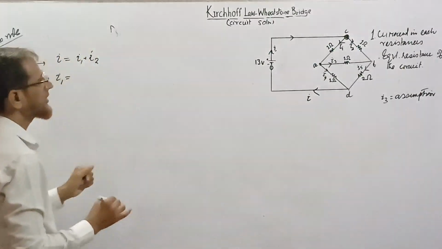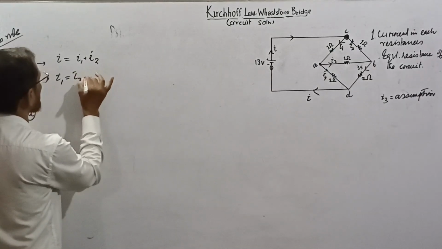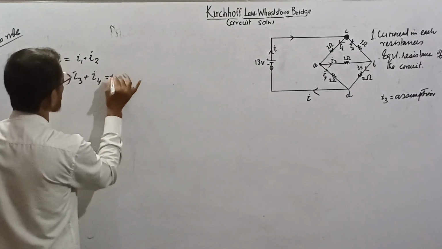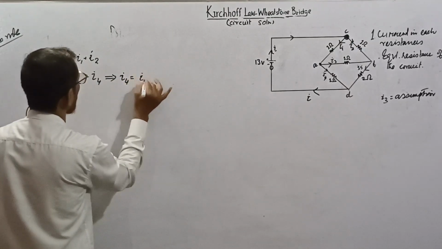That is, I1 is equal to I3 plus I4. At this point, let me add something. Later on, I will tell you I4 equals I1 minus I3. I will tell it a bit later.